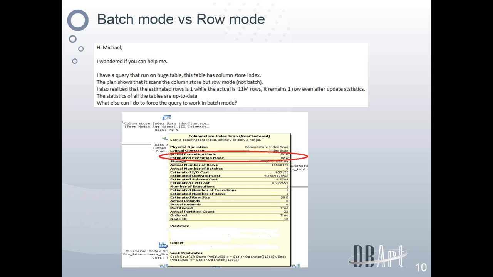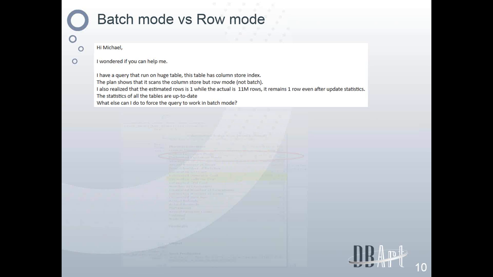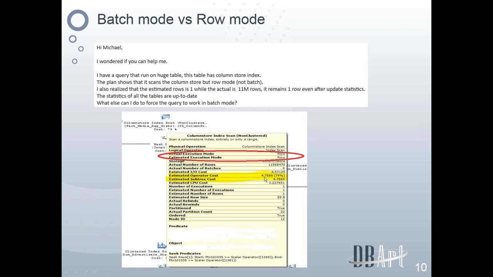So my friend thought it was probably because of statistics, but statistics were up to date, so probably something else. When I looked at his plan, I spotted something interesting. Estimated operator cost is 4.7. What does it mean?